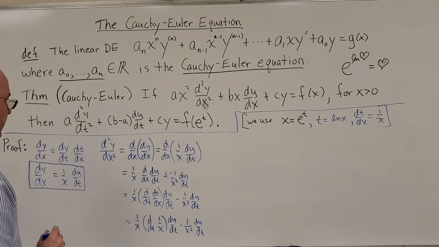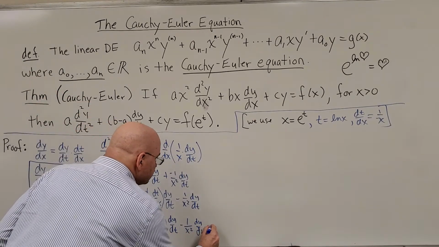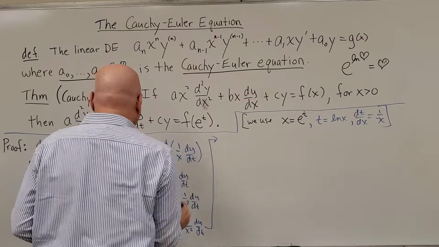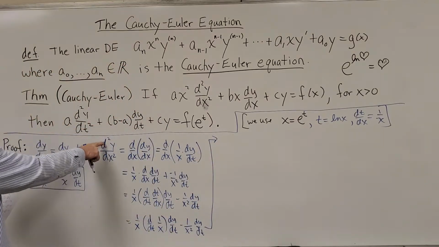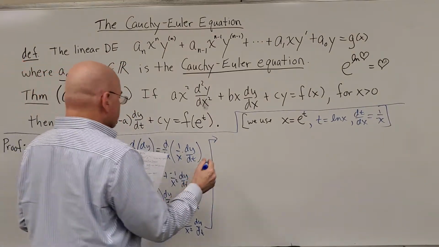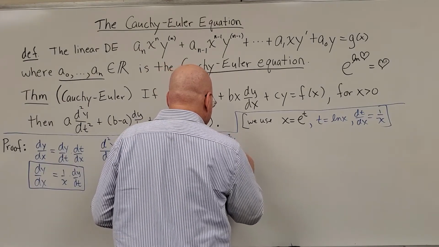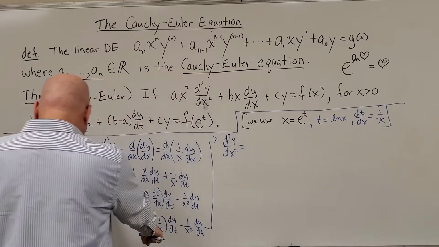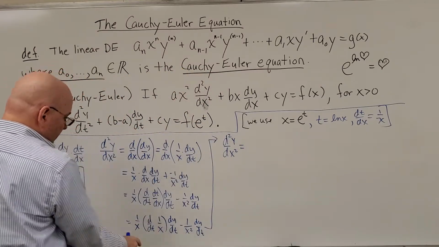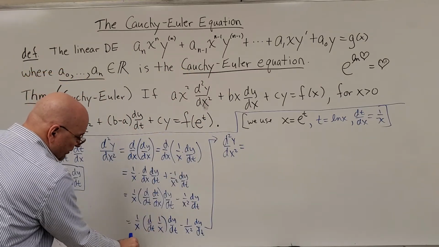And I need 1 more line, so I'm going to have to move up to here. And I'll rewrite what we've got. d squared y over dx squared is equal to, I'm going to factor out, notice we have 1 over x, so that's 1 over x squared.